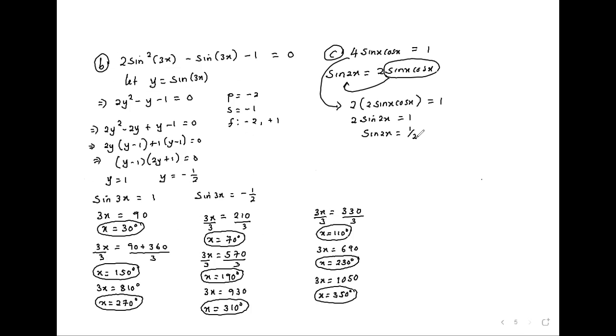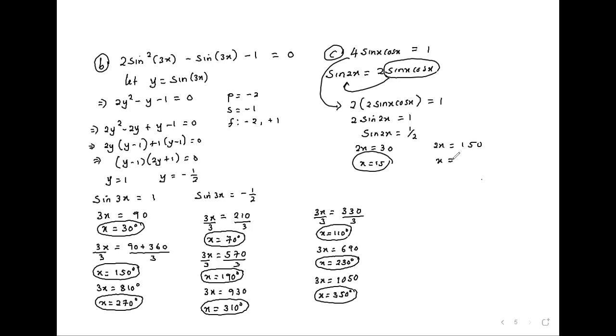Then you get one more. So you have 4 solutions. So your 2x is going to be 30. Also your 2x is going to be 150. So when you divide by 2, you get x is equal to 15. That's the first one.